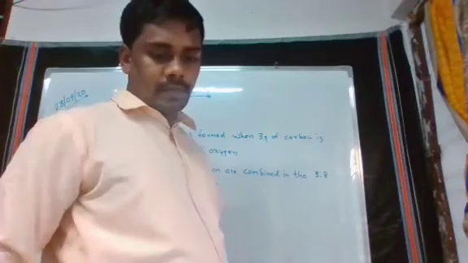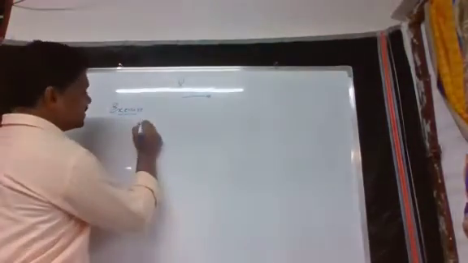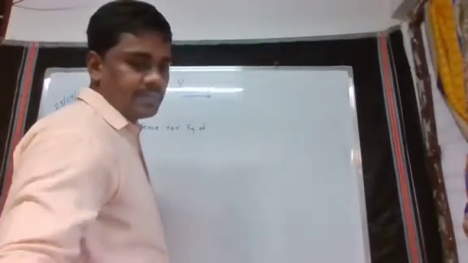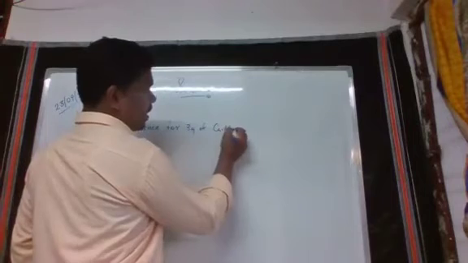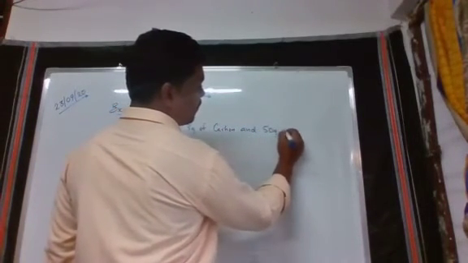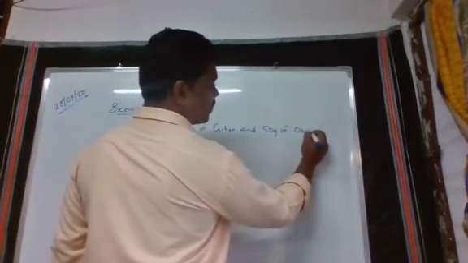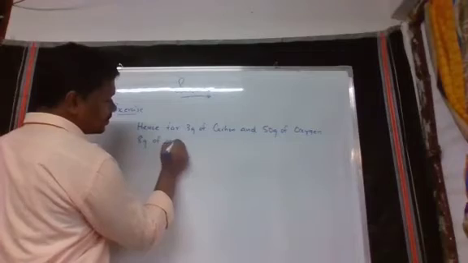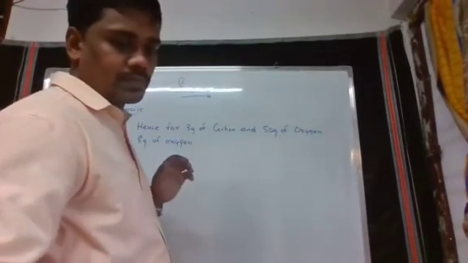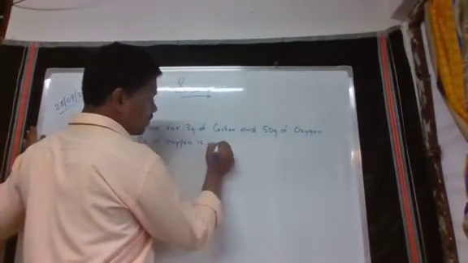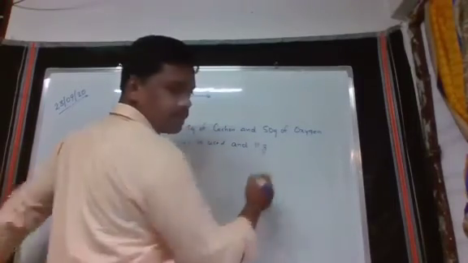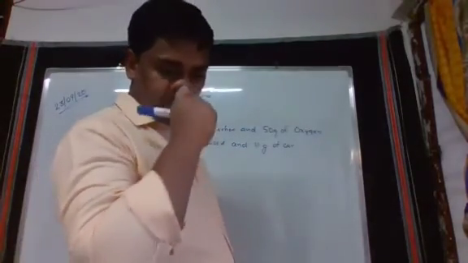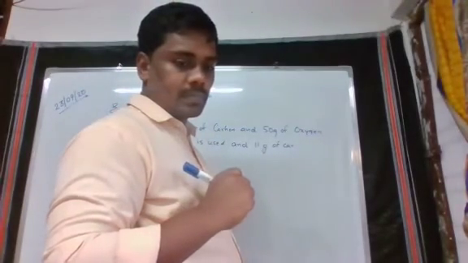Hence, for 3 grams of carbon and 50 grams of oxygen, 8 grams of oxygen is used and 11 grams of carbon dioxide is formed.